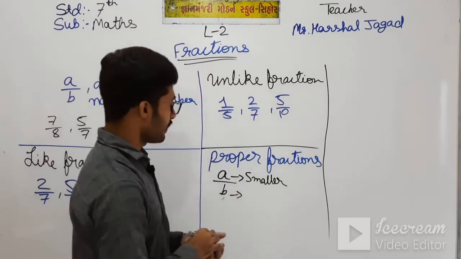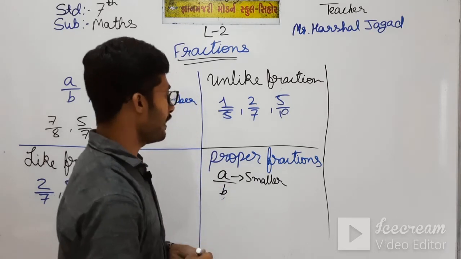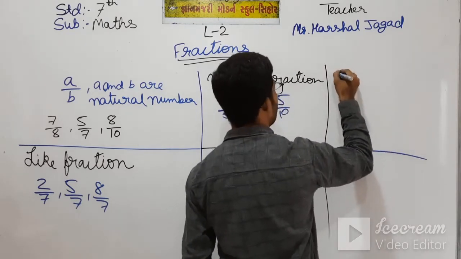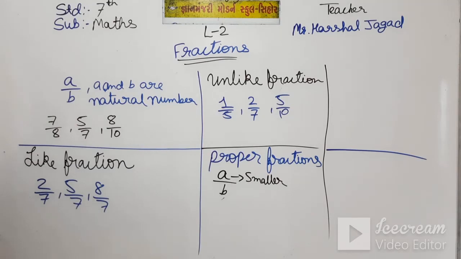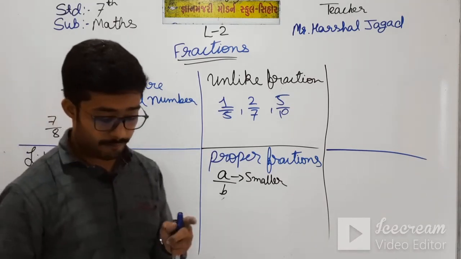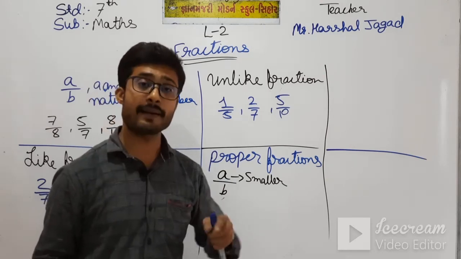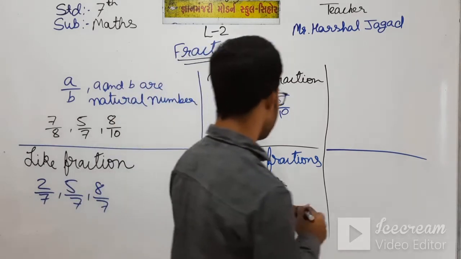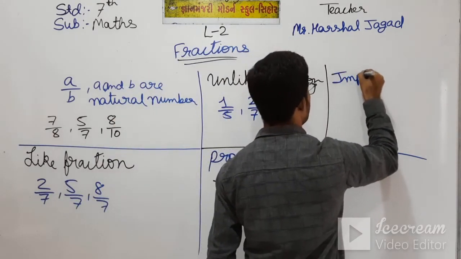Okay students, this is the proper fraction, and then comes the improper fraction. So first of all, what is an improper fraction? Let us discuss that. An improper fraction is a fraction in which the numerator is greater than the denominator.